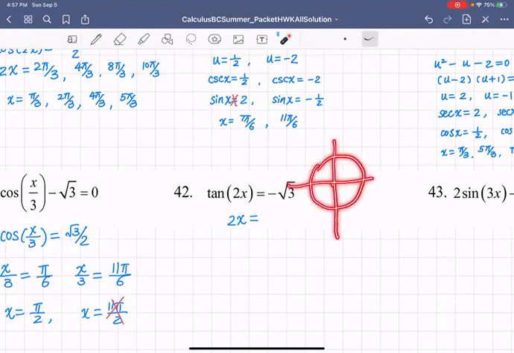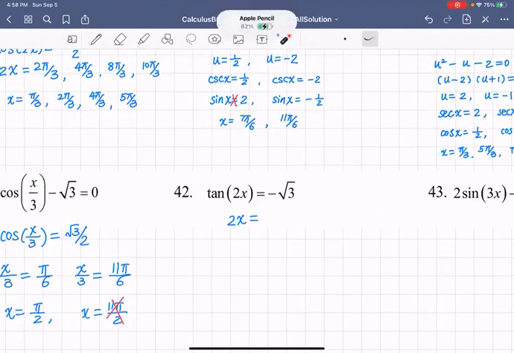It's going to be in which quadrant? Quadrant 2, quadrant 4, right? Yeah. 2x equals? Oh, is it 2 pi over 3? Yes.